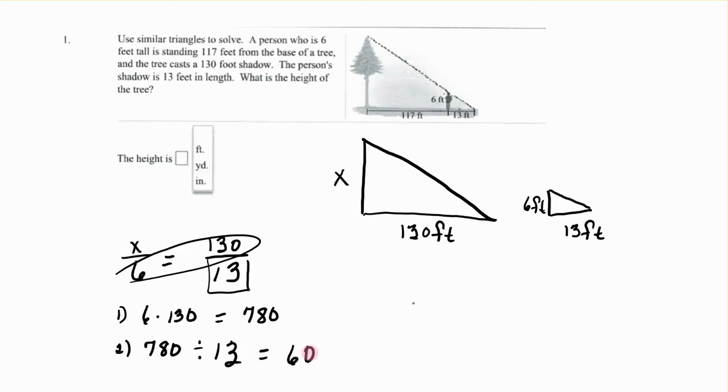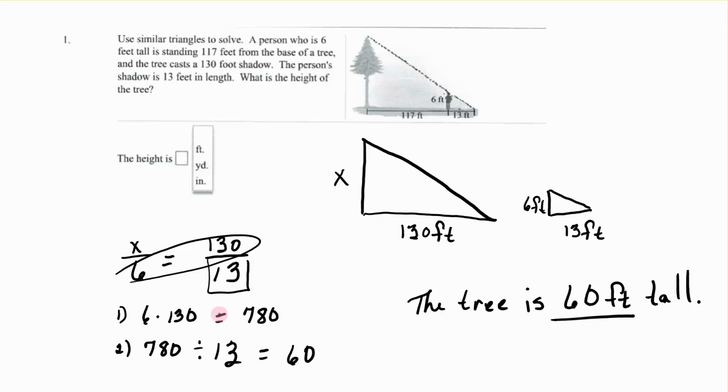My answer is the tree is 60 what units? Well, the same units, feet tall. So you will put in both the number and choose the correct units. That is similarity. When the triangles are similar, the corresponding sides are proportional.